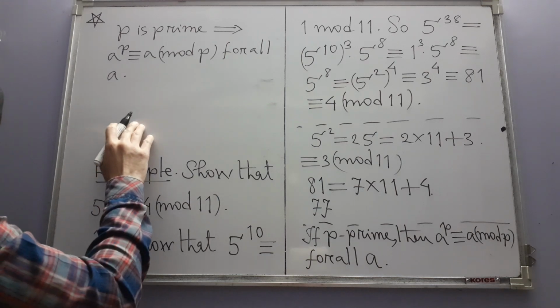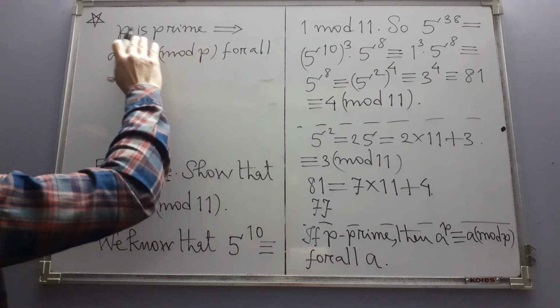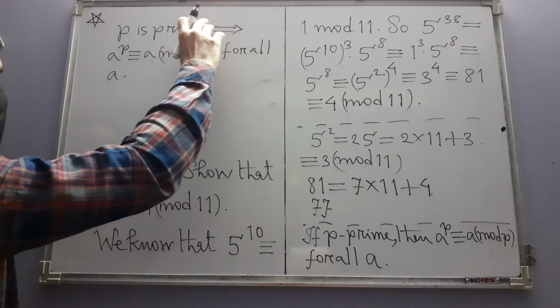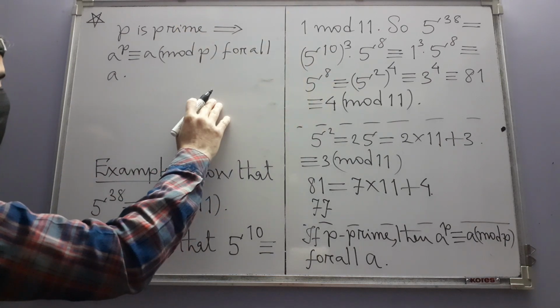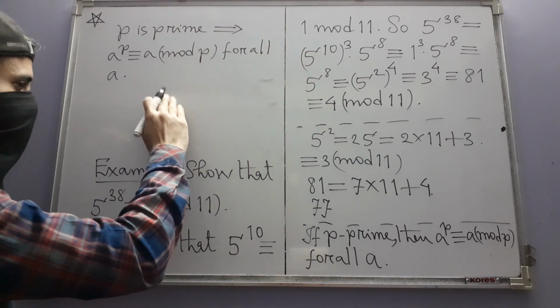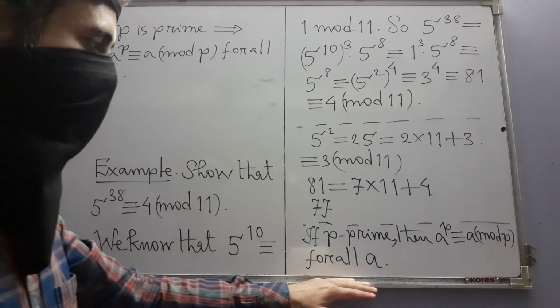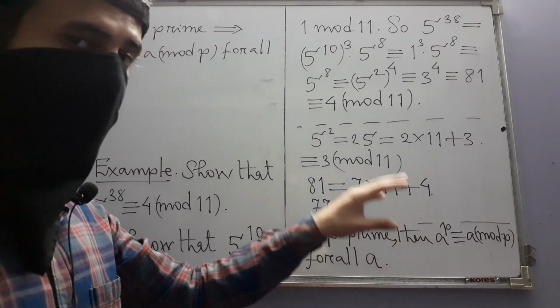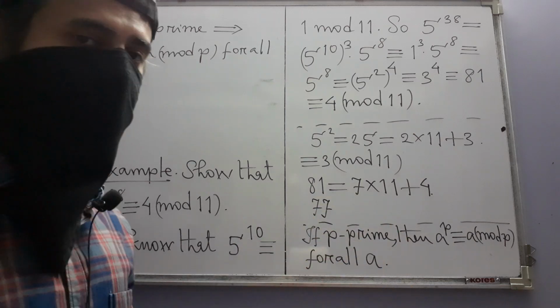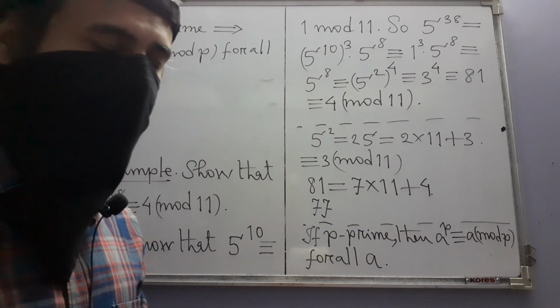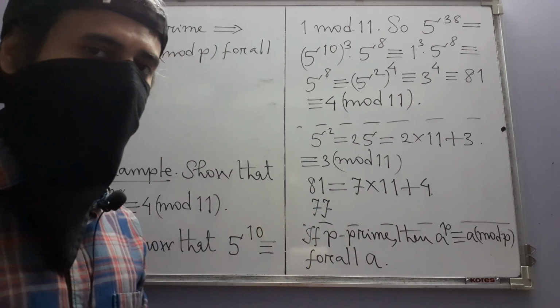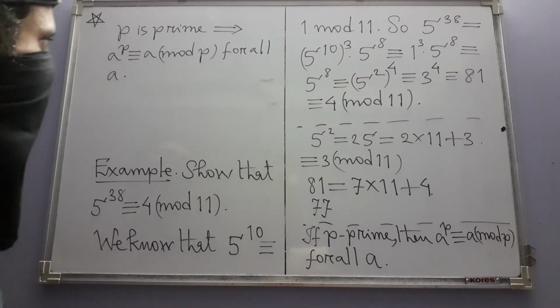If your implication is like this, statement P implies statement Q, the contrapositive by definition is negation of Q implies negation of P. And you know from elementary logic that an implication and its contrapositive are logically equivalent. If any one of them is true, the other one must also be true.